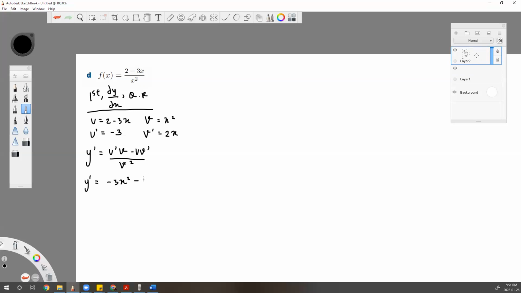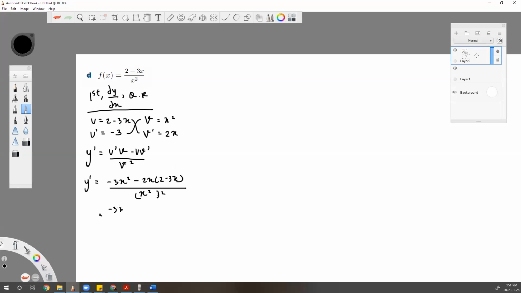Subtract 2x times 2 minus 3x, right? This part is quite easy, so I just go like this. And this part is quite hard, so I just put over v squared. I can do x power 4, but I keep the long way.